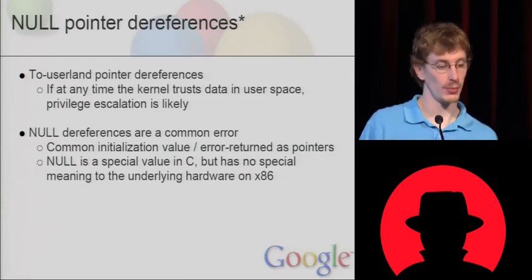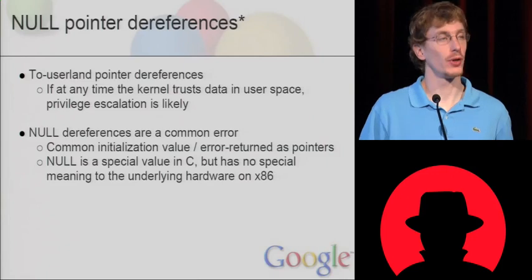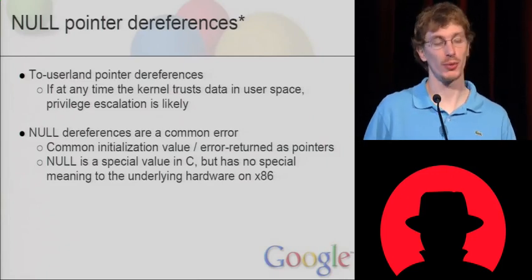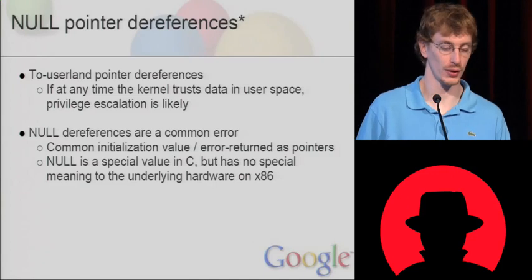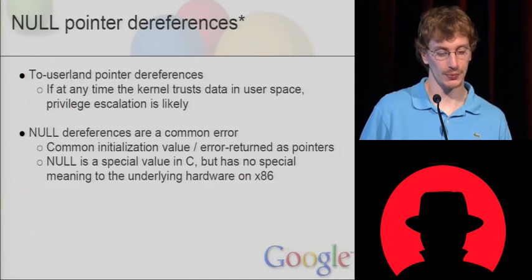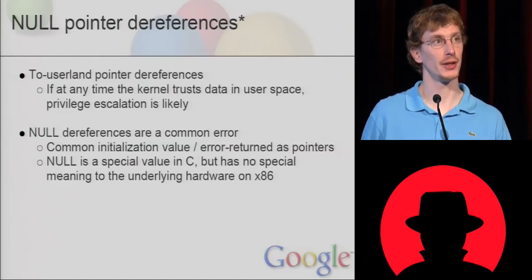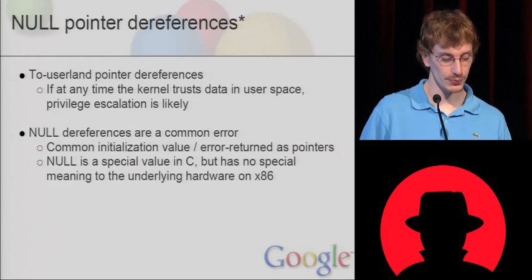We'll talk a bit about null pointer dereferences. In general, what we call null pointer dereferences aren't necessarily null pointer dereferences. It's just in general userland pointer dereferences, when the kernel dereferences a pointer that goes to userland. And of course, if at any time the kernel trusts data in user space, there is a likely privilege escalation.